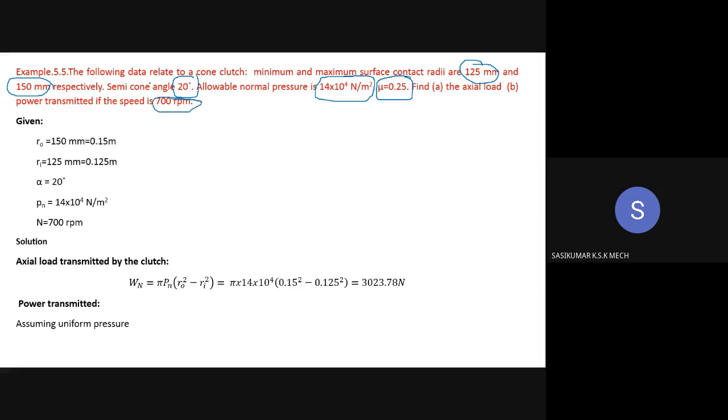These are all simply numerical values. So the first one is 125 mm. 125 mm is the minimum radius, that is our inside radius of the frictional material, that is R_i, and 150 is the outer radius of the frictional material. And 20 degree is the semi-cone angle, that is alpha.